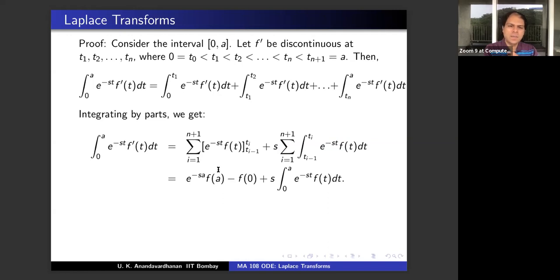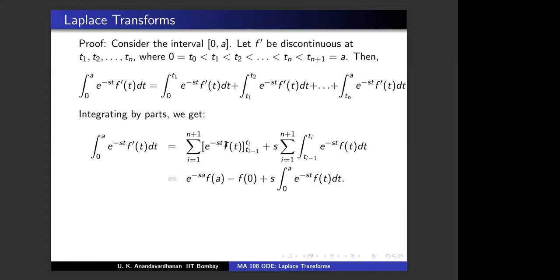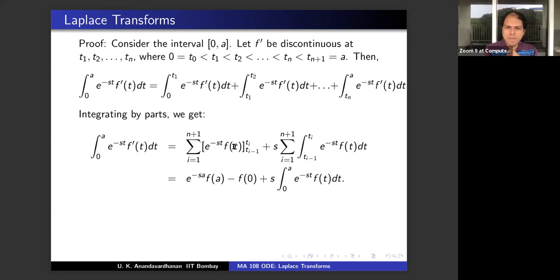Is that correct? You will get e^(-s t2) minus e^(-s t1) plus e^(-s t1), so that will cancel. Yes. So you will get e^(-sa) f(a) minus f(0) plus s times this. This is exactly what you will get.